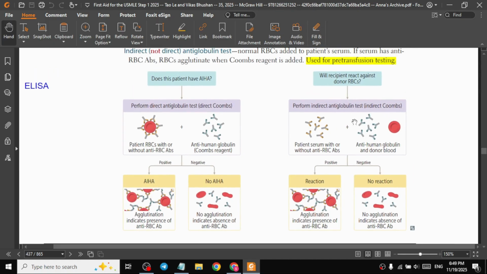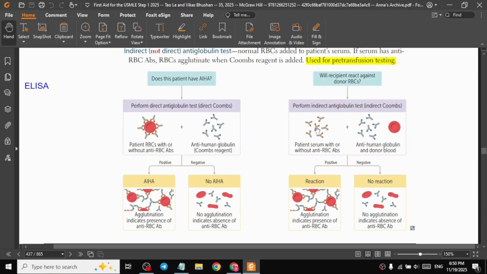If the direct Coombs was negative, now they want to do indirect Coombs, right? Well, how will I detect these? They only bind to the Coombs reagent if they were bound to something, right? If they had combined with the antigen, then they would be ready for Coombs reagent. But they're not. So what I'm going to do is add sheep's blood, okay? I take the patient's serum, and I take the RBCs from the sheep's blood and give it to these guys. These guys will bind to that sheep's blood, and then the Coombs reagent can bind to these guys.